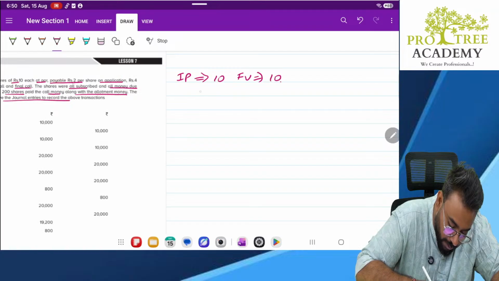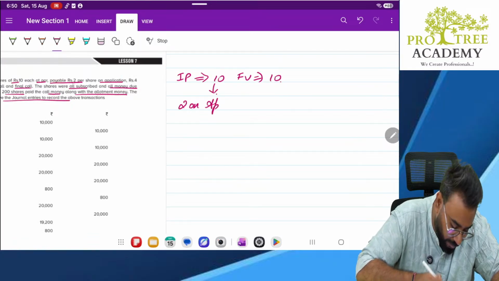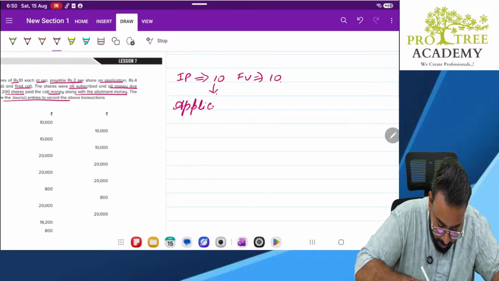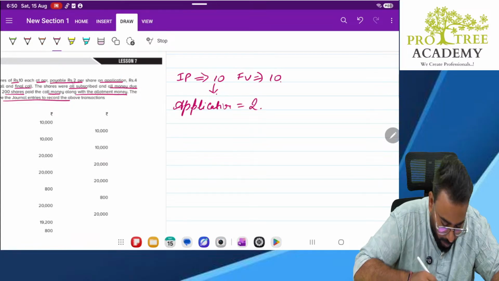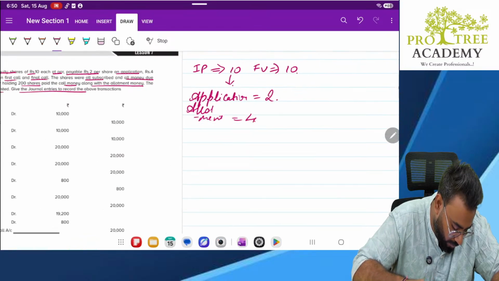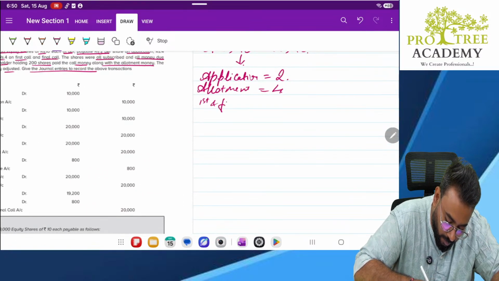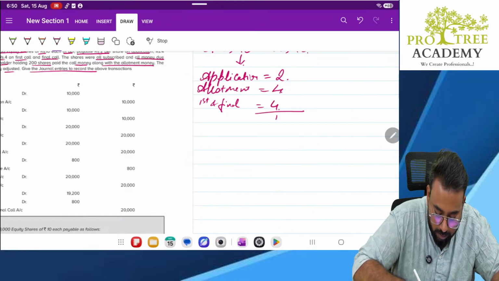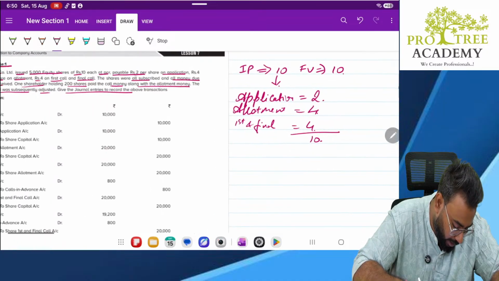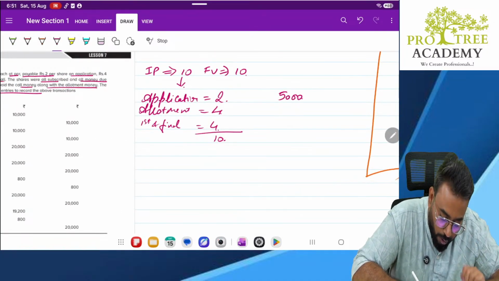Now, how is the issue price split, sir? 2 rupees on application, allotment 4, then first and final call 4. Total 10. Correct? Yes, correct. Now, they are issuing how many shares? 5,000 equity shares.